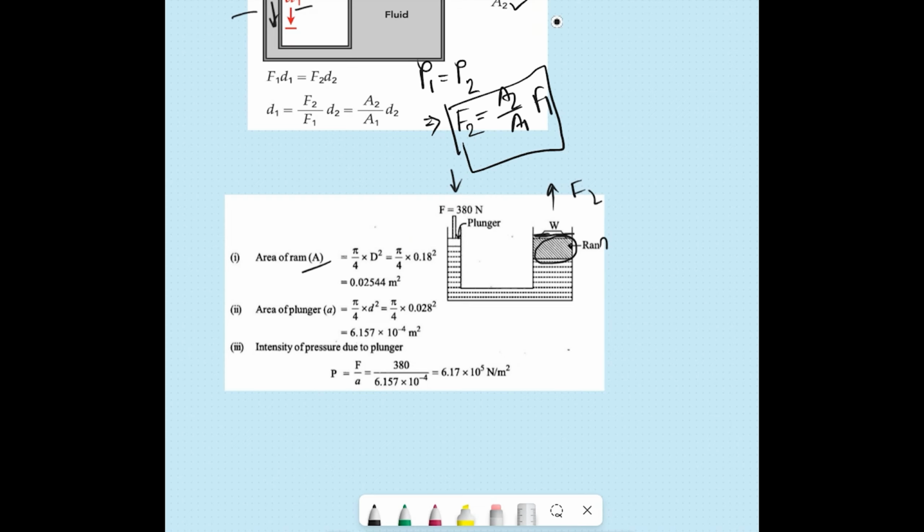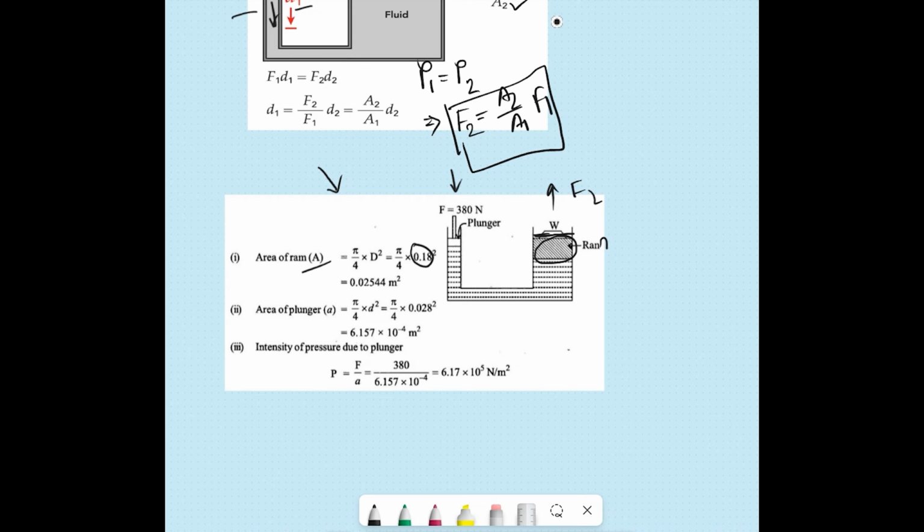The equation is pi by 4 d square, and we have got the value of d from the question. As I'm not placing the question here, it doesn't matter; we just need to go through how to solve these types of problems. Another one, the area of the plunger, I mean the smaller one, we have to find out the value of the smaller piston area.